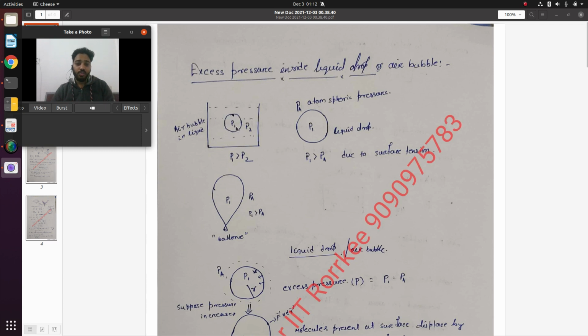Okay, so pressure P1 is the pressure inside this air bubble and P2 is the pressure of the liquid. So P1 is always greater than P2.